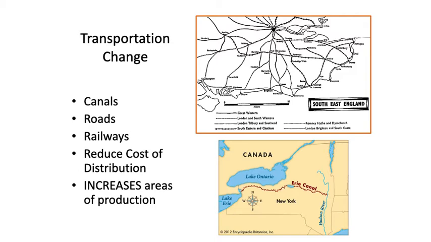But once the canal was there, that reduced their costs to bring goods into market. And so we see the increase, interestingly, of both production for the market economy, but also less homemade goods. Instead of weaving their own cloth, they'll begin to purchase cloth that's being brought along the Erie Canal.